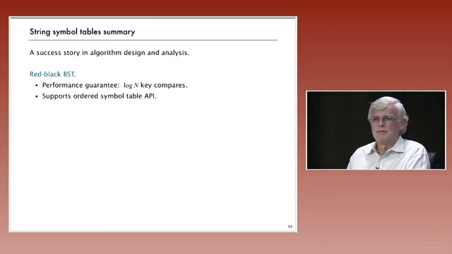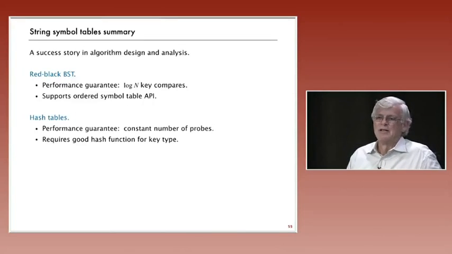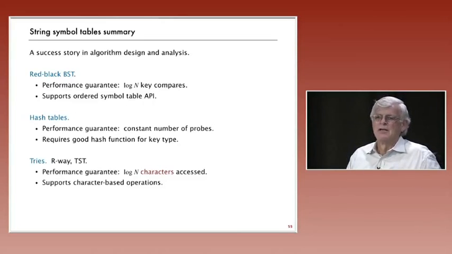We started with red-black BSTs, which is a pretty good solution for general symbol tables, and also hash tables, which are also widely used. But with tries and ternary search tries, we have a performance guarantee where we only have to really access log n characters. And when you think about that, even when n is huge, that's going to be a pretty small number.